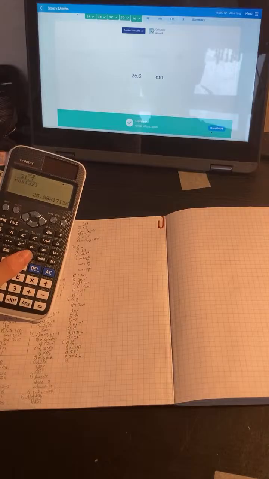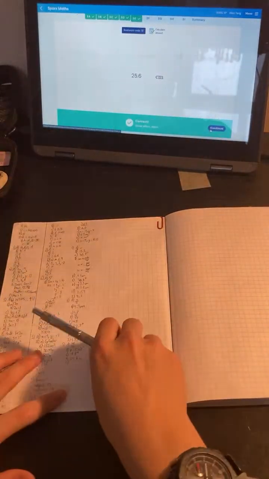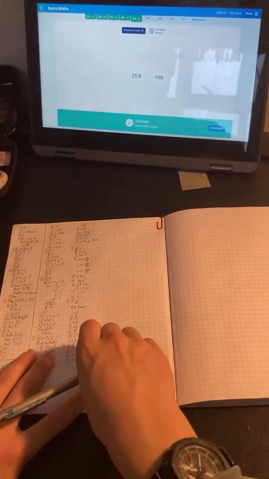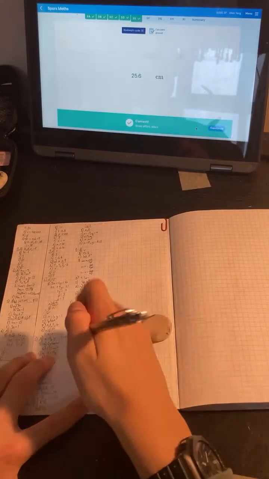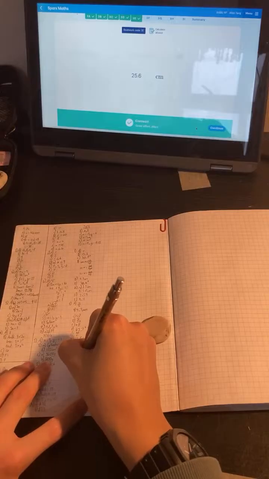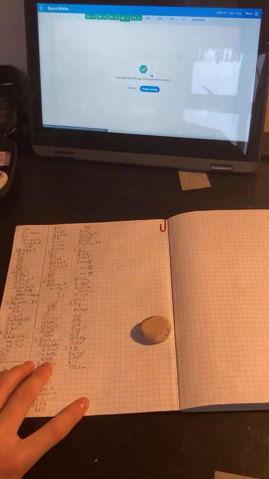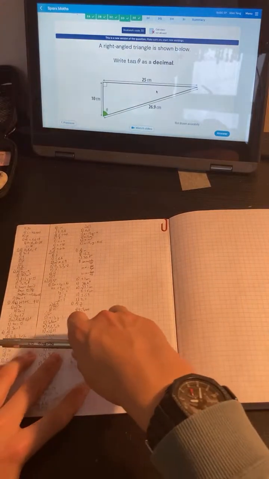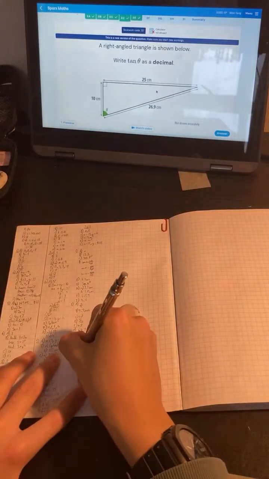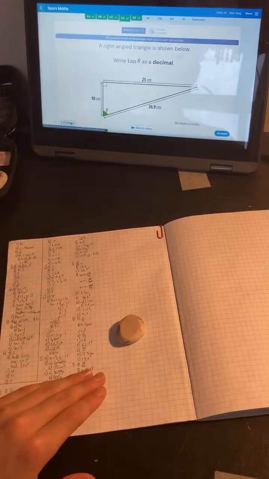Wait, what? I'm so confused. I did some question. So this one's 25.6 centimeters. So what's the last question? Last question was an angle, so 18.8. What's this?